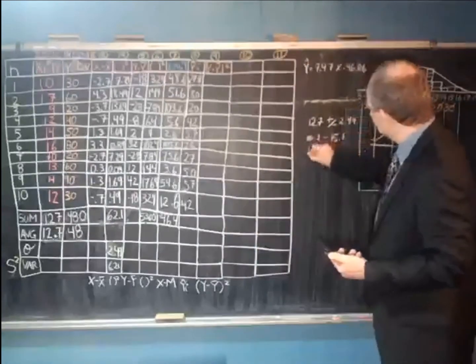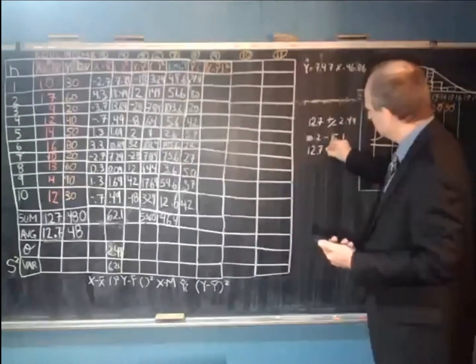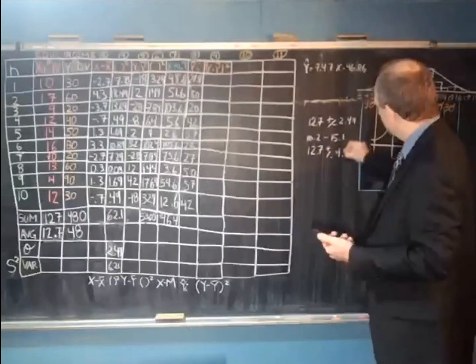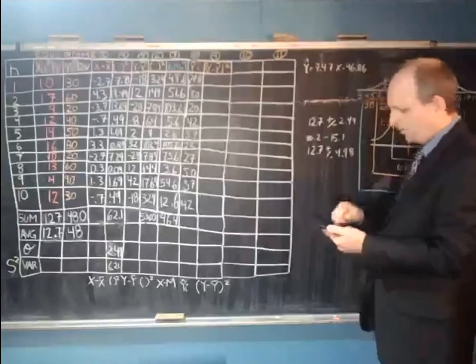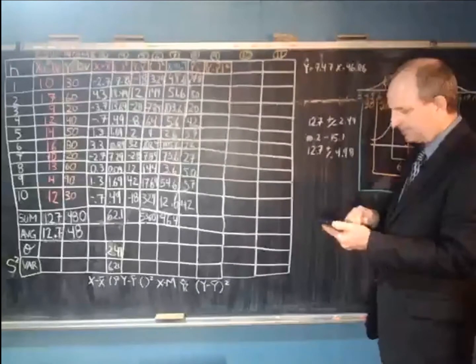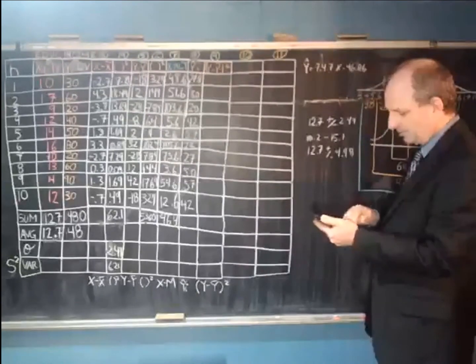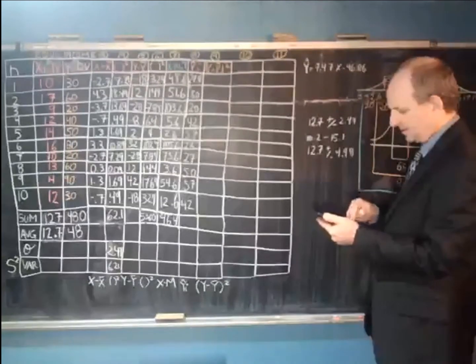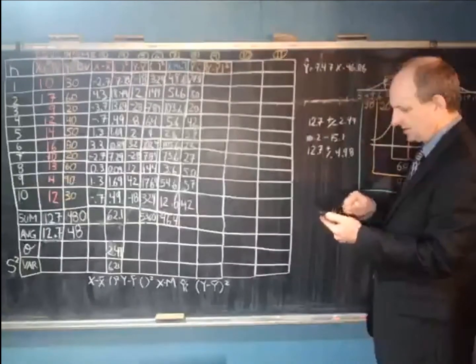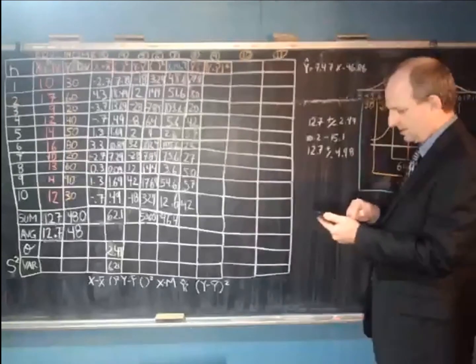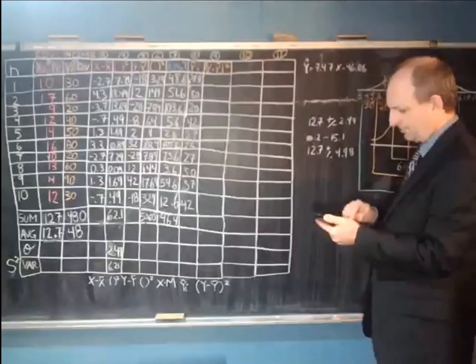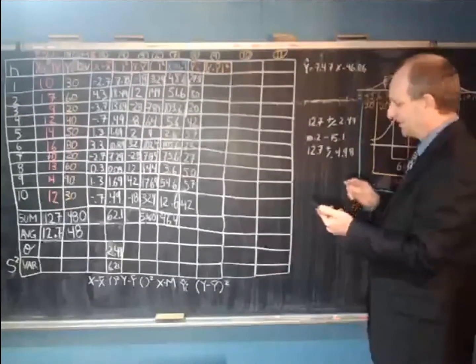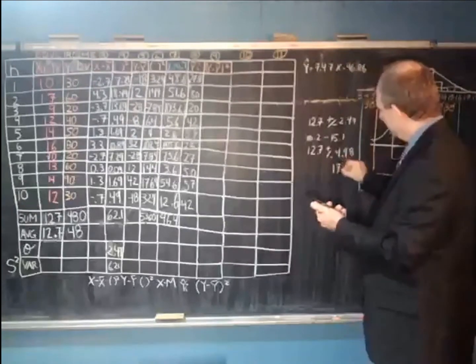So we could recalculate that. 12.7 plus or minus 4.98. So what would that look like? Well, it would be 12.7 plus 4.98. My chalky fingers are jamming up the buttons. That's 17.6 at the upper range.